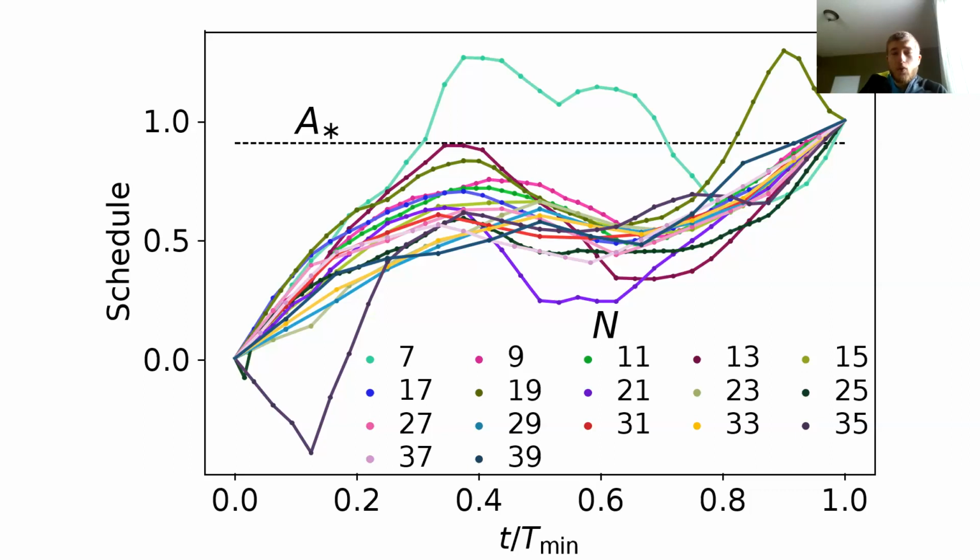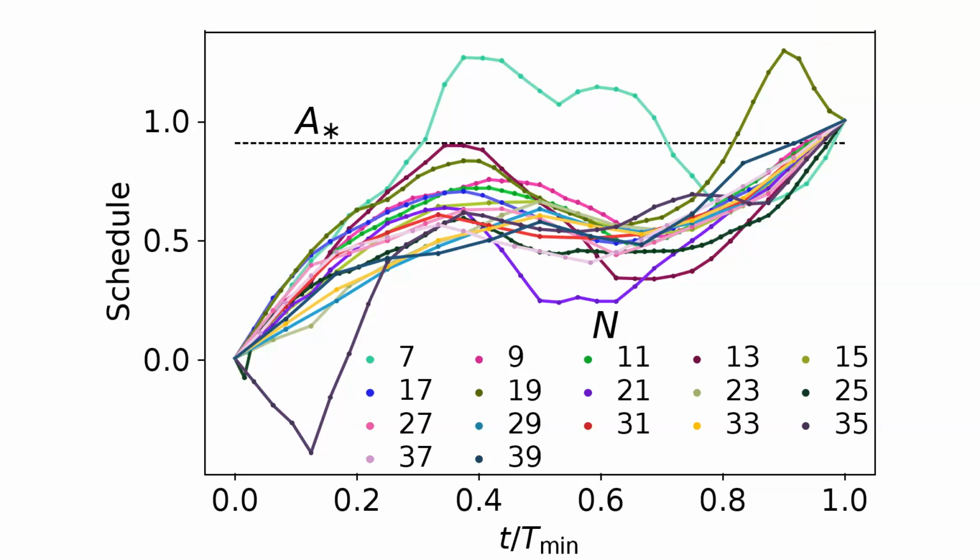What I'm noticing here, at least, is that many of the schedules go up towards this A star, then they go away from it again, and then come back and finally cross it at the very end. I bring this up because I'm going to show you some results in a few slides that may lead to some more evidence as to why this could be relevant. But again, this is just something I wanted to point out.